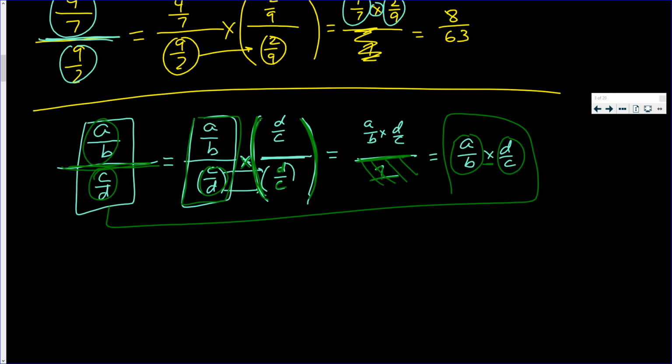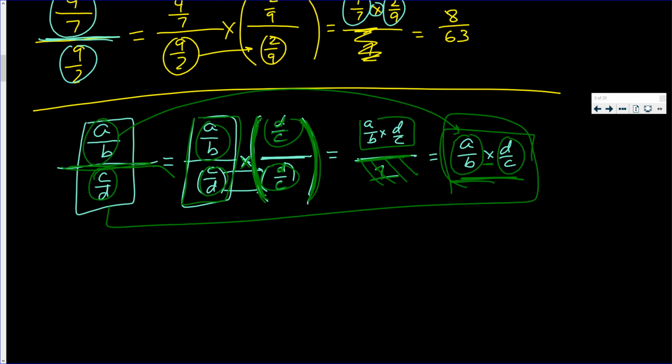But again, I have to multiply by 1. And if the bottom is D over C, the top has to be D over C. So the final answer is just going to be this times that. There it is, even bigger. You keep the numerator, you change division to multiplication, and you flip the second number.